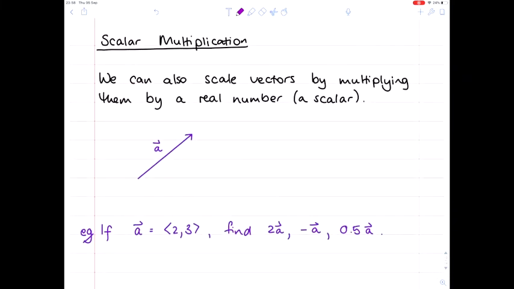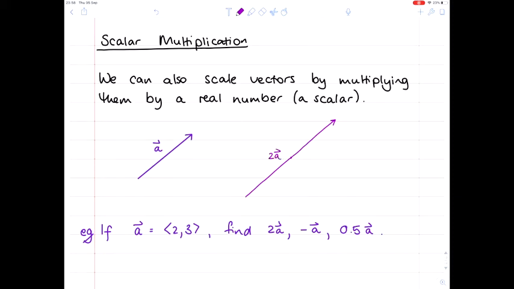We can also scale our vectors. So this is a way of multiplying vectors by a scalar. And this really just is a way of being able to change the length of a vector. So if we have our original vector A, we can also have 2A, which says we want the vector that goes in the same direction, but has twice the length of A. So this would be the vector 2A, same direction but twice as long.